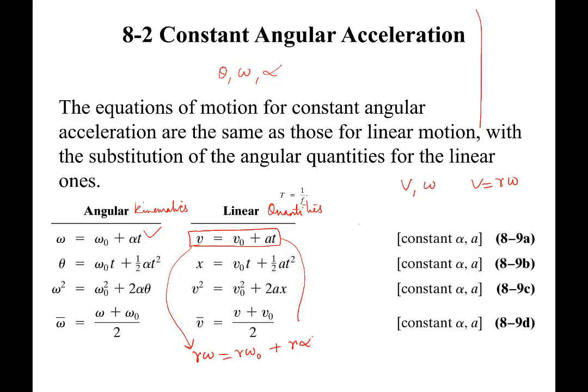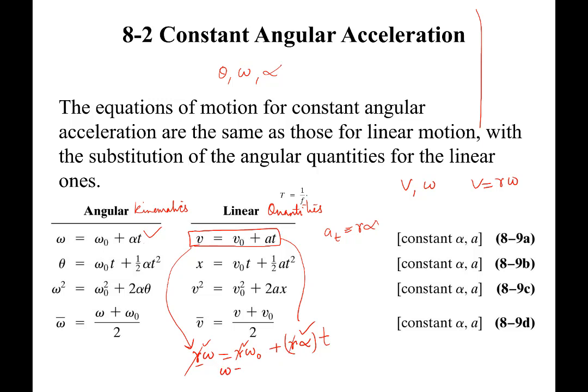We have converted the translational acceleration, which is related to rotational acceleration by this equation. Instead of writing a t, we are writing r alpha. Instead of writing v naught, we are writing r omega naught. And instead of writing v, we are writing r omega. You see that r is common in all of them, so we take it out and cancel. They all cancel because they are everywhere.